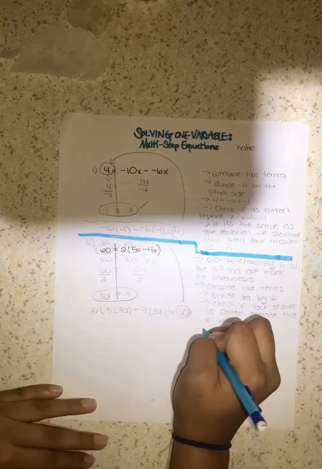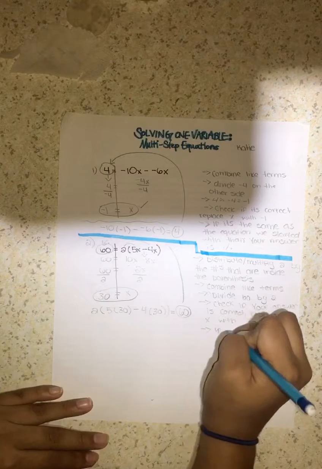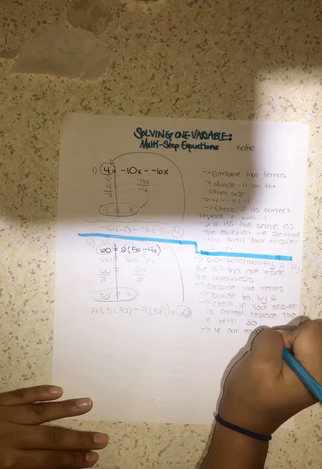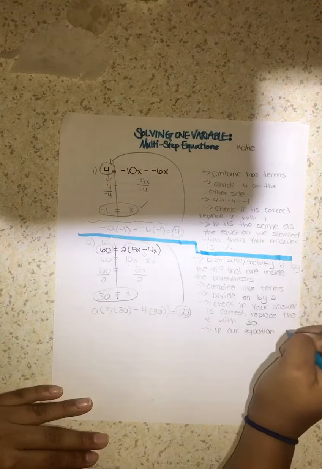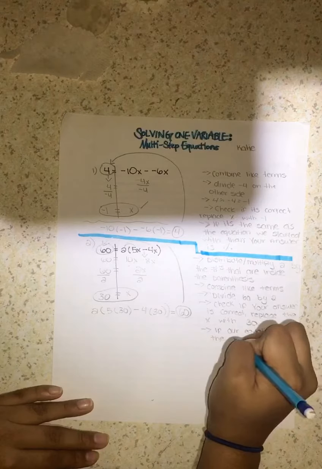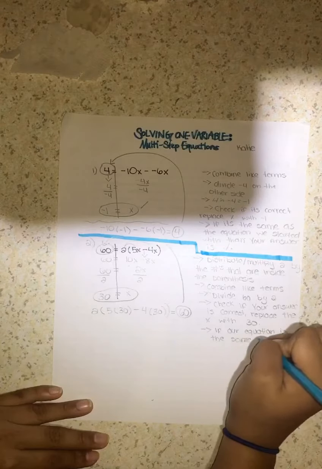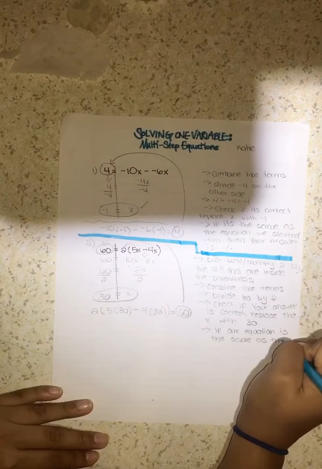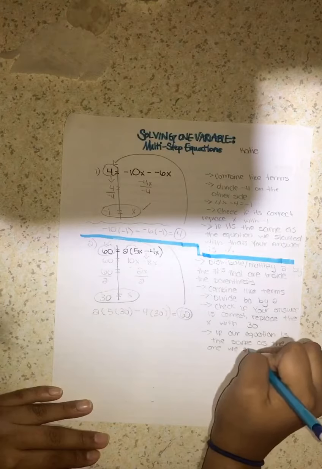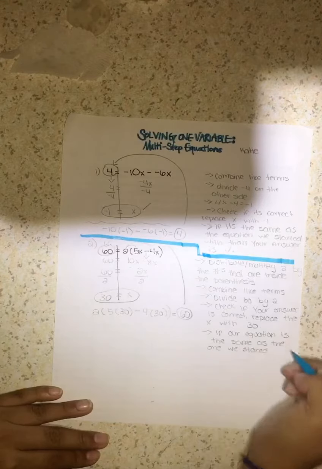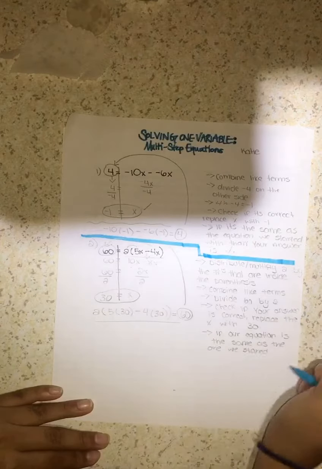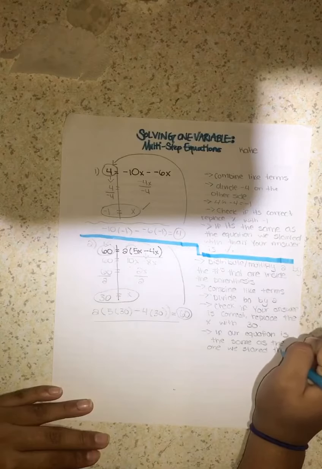So if our equation is the same as the one we started with, like this one, it's the same as the one we started with up here, then our answer is correct.